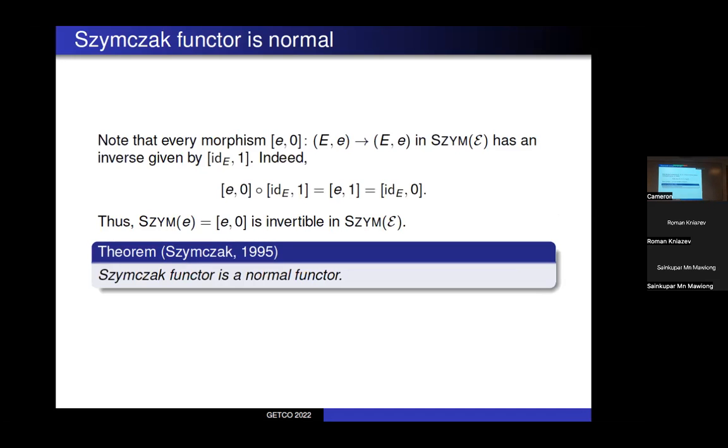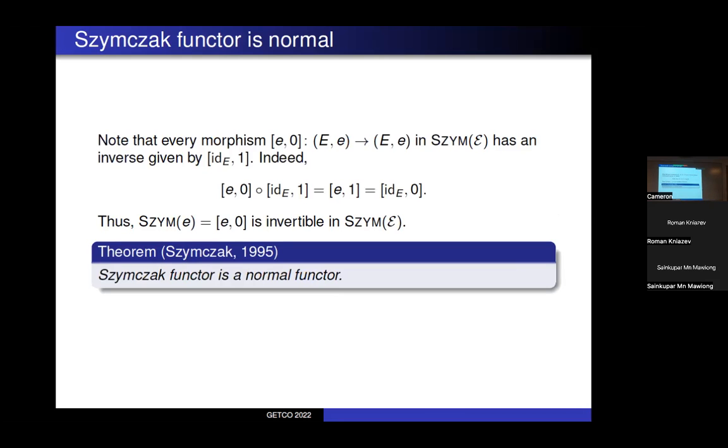And indeed, for any such morphism, we take as an inverse the identity together with 1. A simple computation shows that in fact it is the inverse. So the Szymczak functor is a normal functor.